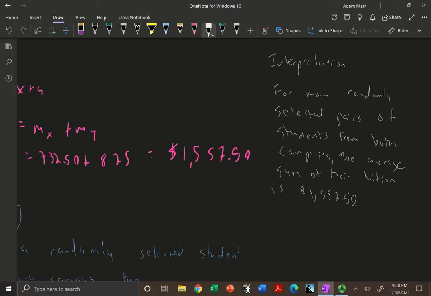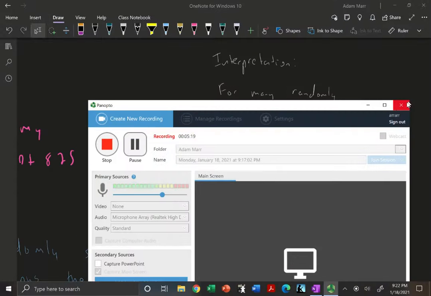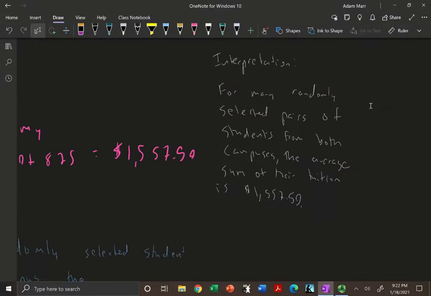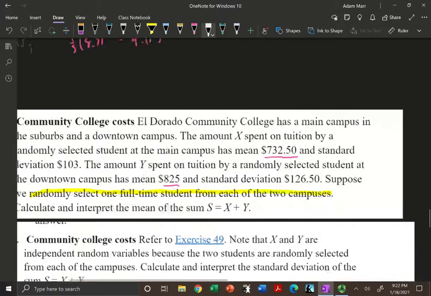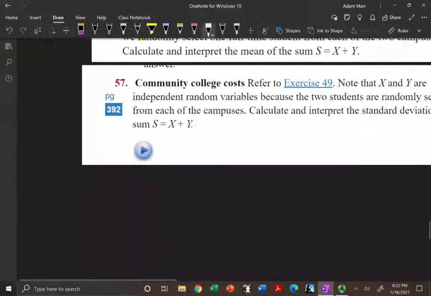Okay, something about like that. One thing is that instead of both, it might be better to say from each campus. It might make more sense than both campuses. All right, for many randomly selected pairs of students from each campus, the average sum of their tuition is $1,557.50. So let's go on to number 57.